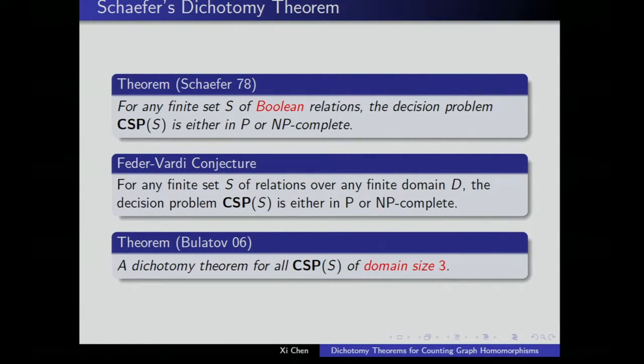But there is this Feder and Vardi conjecture that this dichotomy should hold for CSP for any language over any finite domain. For any such language, the conjecture says that the decision problem is either in P or NP-complete. And the best we have right now is the dichotomy theorem for domain size 3.